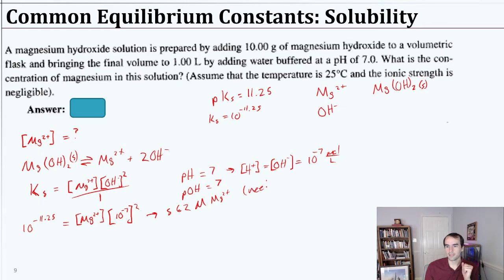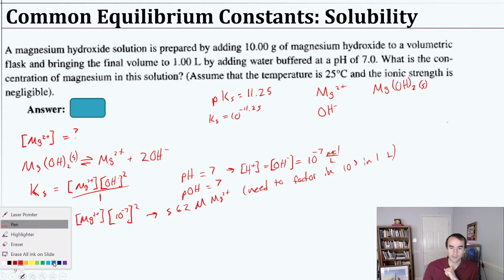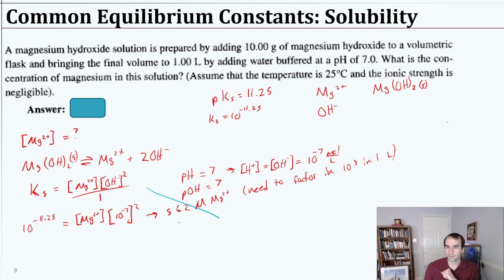So I'm going to write here, need to factor in the 10 grams in 1 liter. Just to make it clear, and I apologize for the confusion this may cause, this was not really the right way to do it.